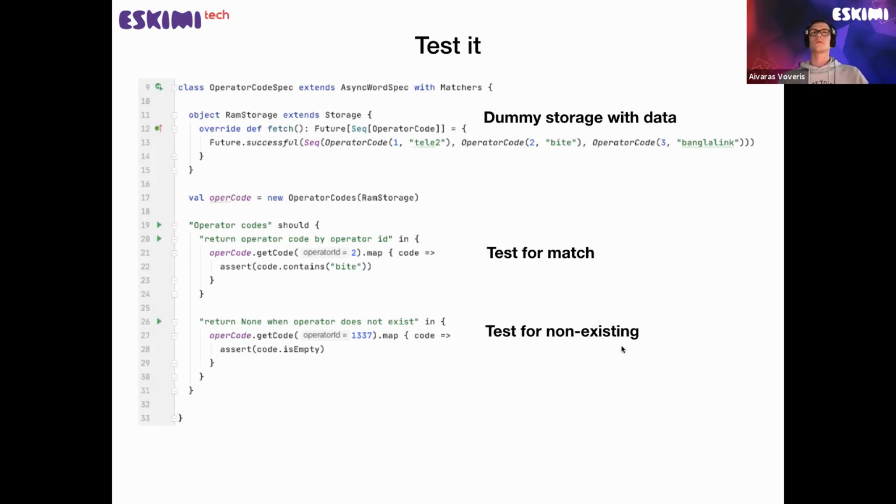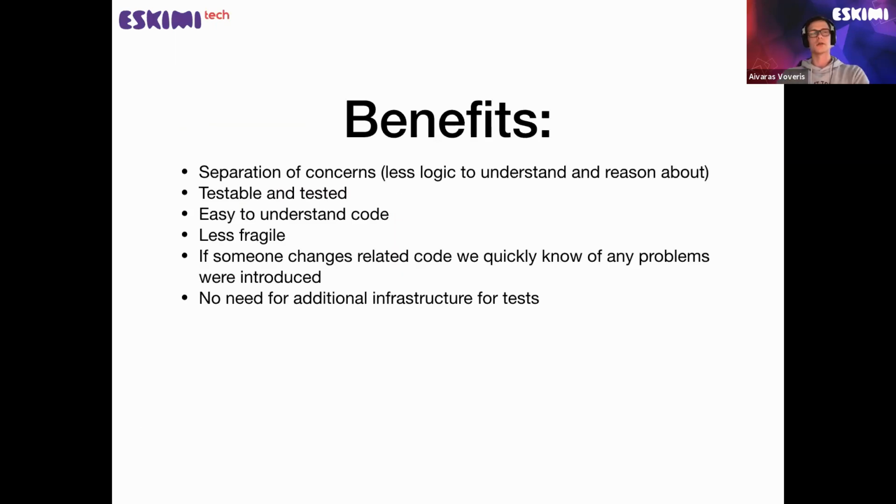So what would be the benefits of such change? Well, we separated concerns. We separated business logic from the data access layer. It is much easier for us to test. It is much easier for us to understand the logic behind the application. And it is much easier for us to reason about it. The code is understandable, tested, and testable.